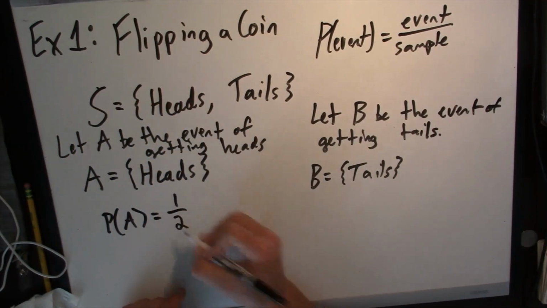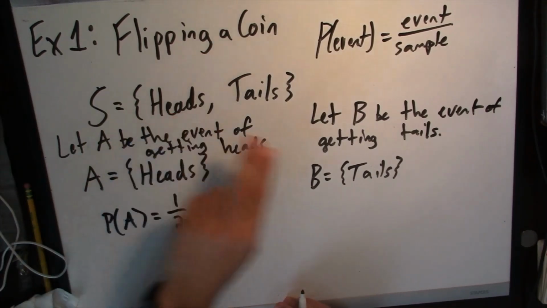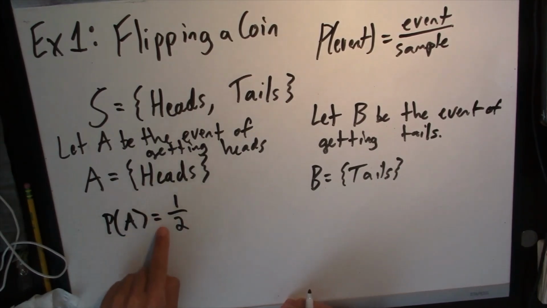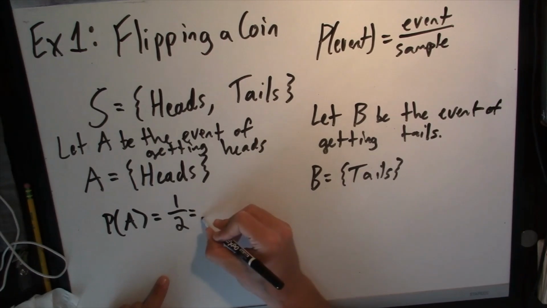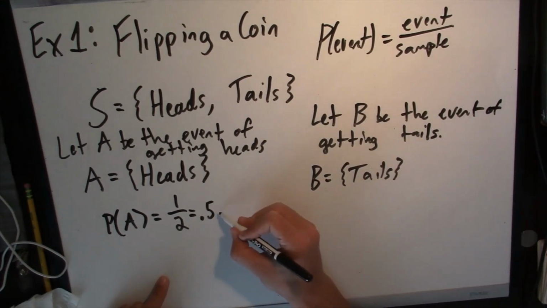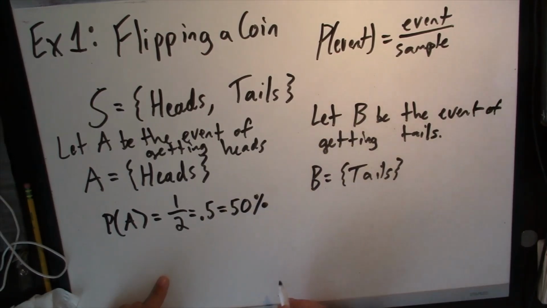So we have 1 possible outcome, which is heads, over 2 total possible outcomes, heads or tails. So the probability of getting heads is 1 over 2, which as a decimal is 0.5. And I'm going to go ahead and change this also to a percentage, which is 50%.